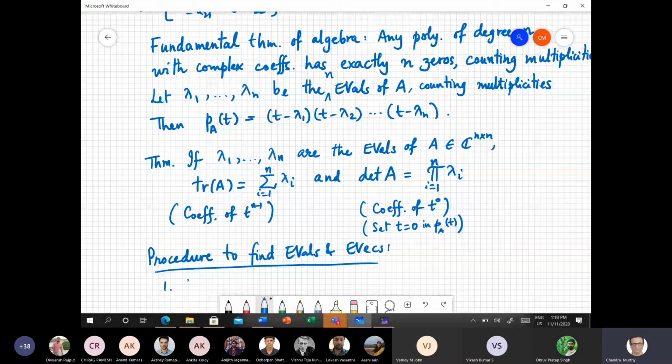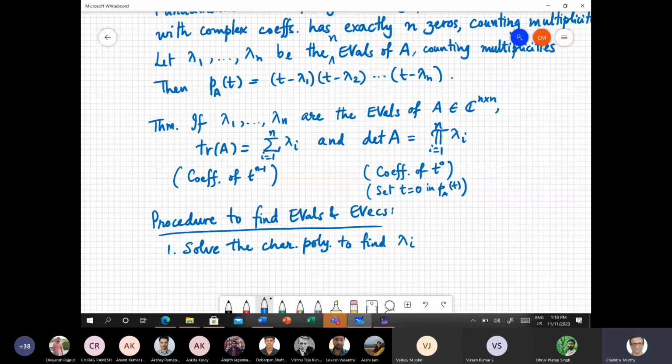First step is to solve the characteristic polynomial to find lambda i. Now this can be done in closed form only for the 2 cross 2 case. For larger dimensional cases, you'll have to solve it by hand for specific A matrices, or use a solver, a zero finding algorithm, to find all the zeros of that polynomial equation. And 2, find eigenvectors by finding the null space of A minus lambda I.